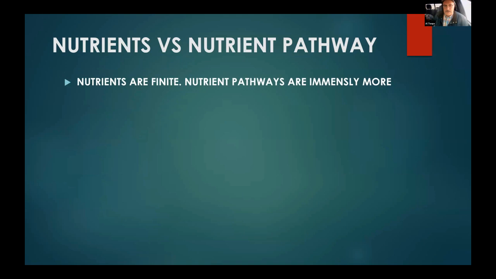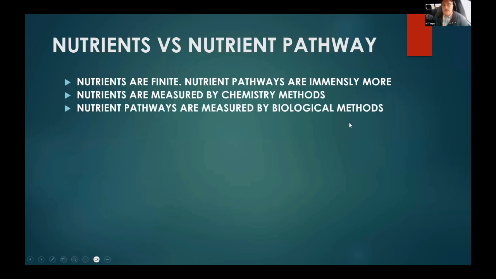We know that nutrients are there. I can tell you now that I see levels of nutrients that are astounding when you think about how many thousands of pounds per acre there are of nitrogen, phosphorus, potassium, calcium, magnesium, iron, all of that. But we have very low available nutrients because they're not digested nutrients. So pathways are more important than just the nutrients. Nutrients are measured by chemistry. Pathways are measured by biology.